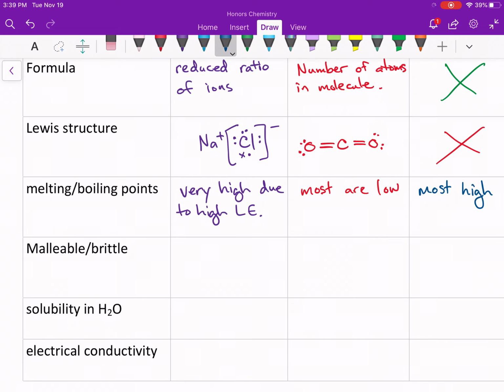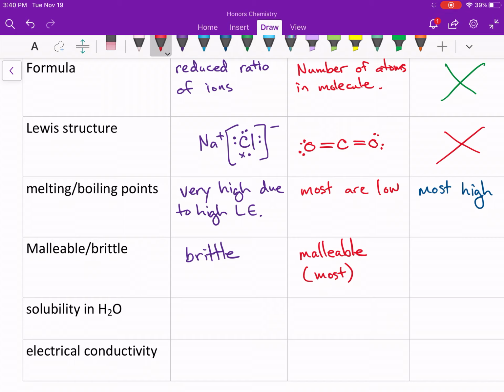Malleability. So for the ionic compounds, they are brittle, not malleable. And we talked about this in class when we talked about metallic bonding. The ions of like charge line up and they crack, they break apart. The covalent compounds tend to be malleable if we're talking about things like plastics. I would say most are malleable. There are some exceptions, again, like graphite and diamond in the case of carbon.